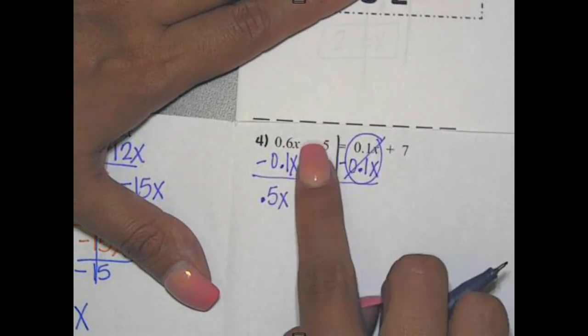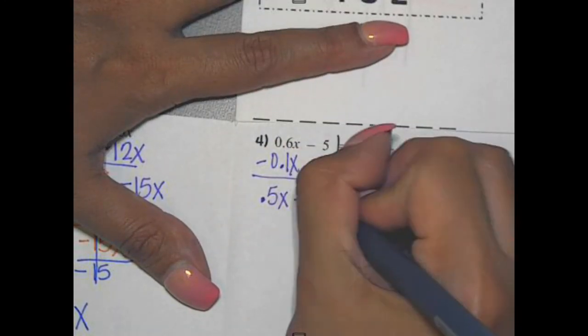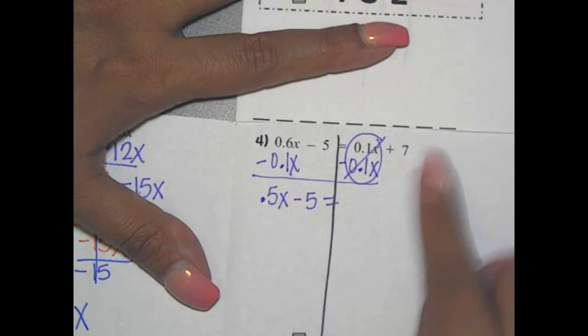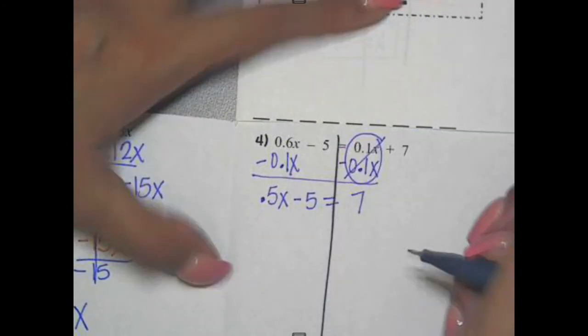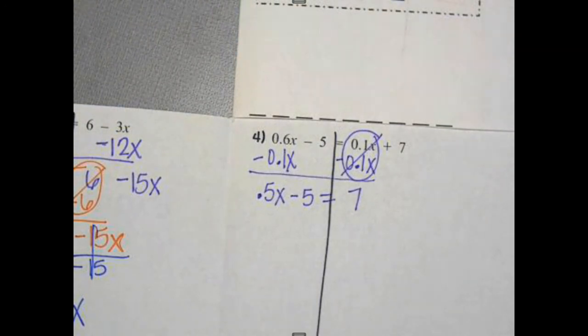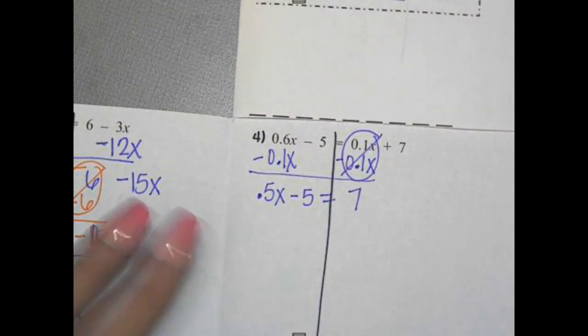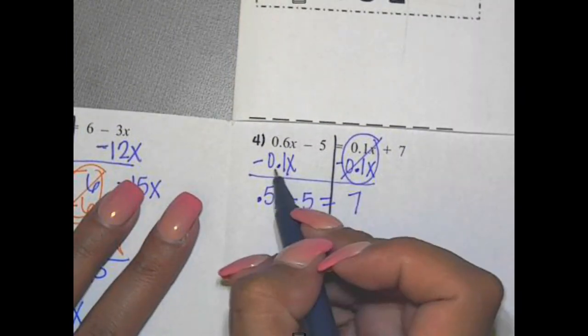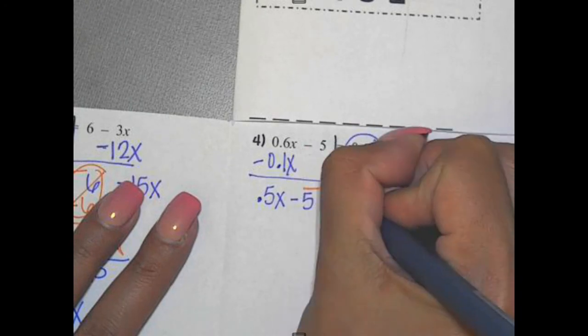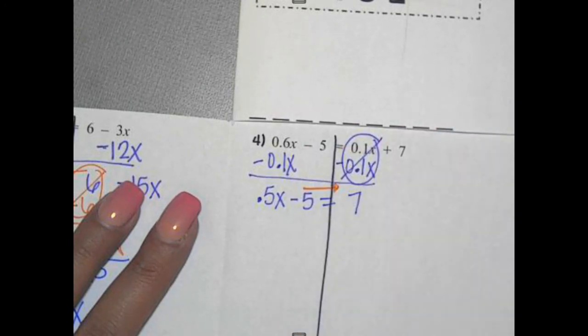Now, I still have this -5 that I need to move down. And over here on the right, I have a +7 that I need to move down. So now I can move on with step number 4, which is to get my constants to the other side. So my variables came over to the left. So this -5 needs to join that 7 over there on the right.